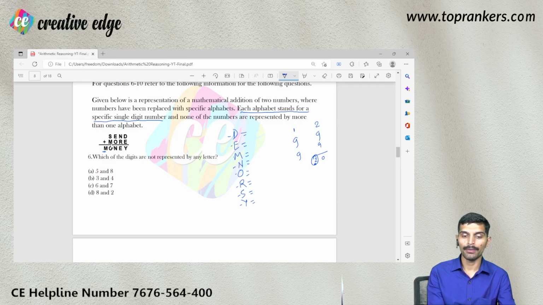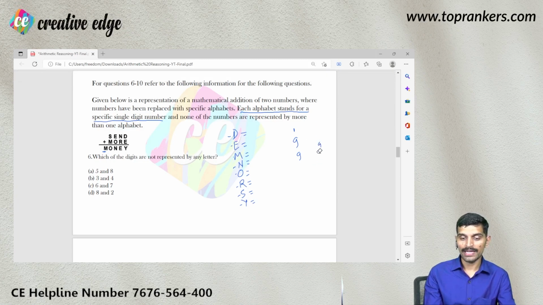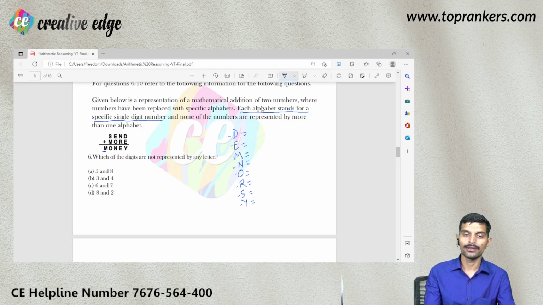The value of M, as per our discussion, could be 1 or 2, not 9, right? So it has to be 1 only if it is M. It cannot be 2. The maximum possible carry when two numbers are added is 1. So the value of M is 1.